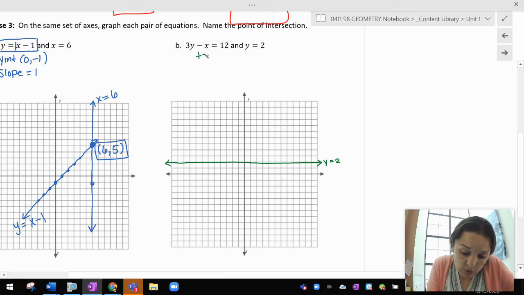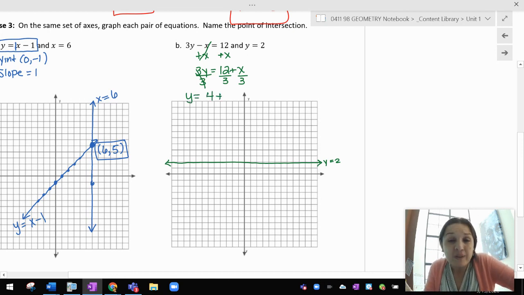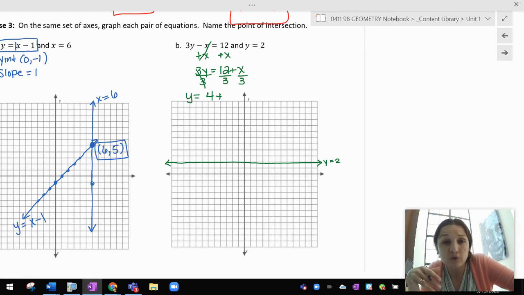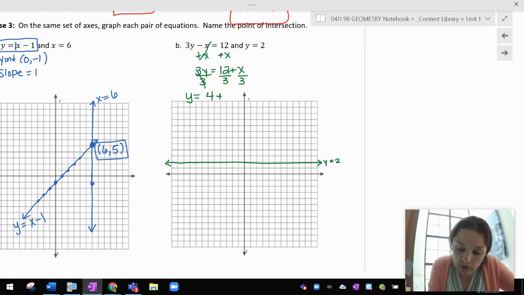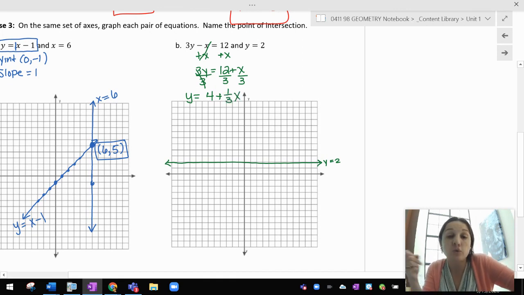I'm going to take this equation right here, add x to both sides, divide everything by 3. So then I get y equals 4 plus, now x over 3 is like, remember before we had that -1/2 x became like x over 2? X over 3 is the same as 1/3 x. So this is the equation, y equals 4 plus 1/3 x.